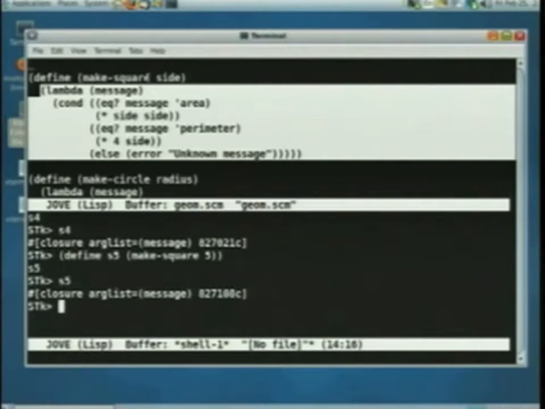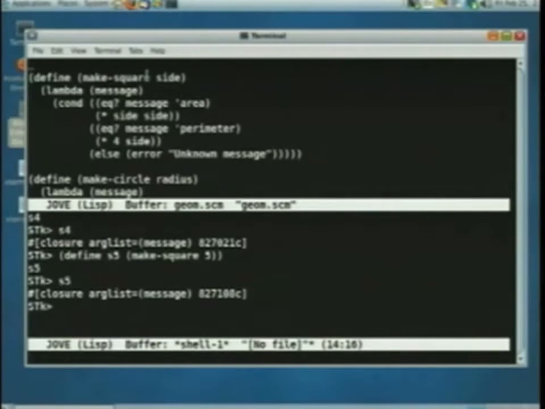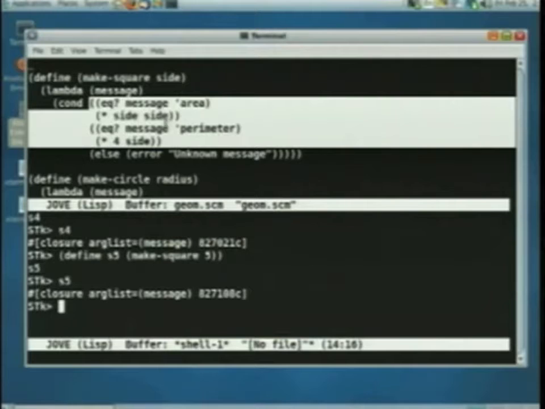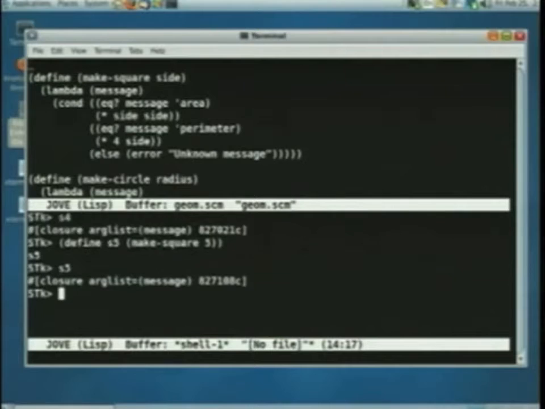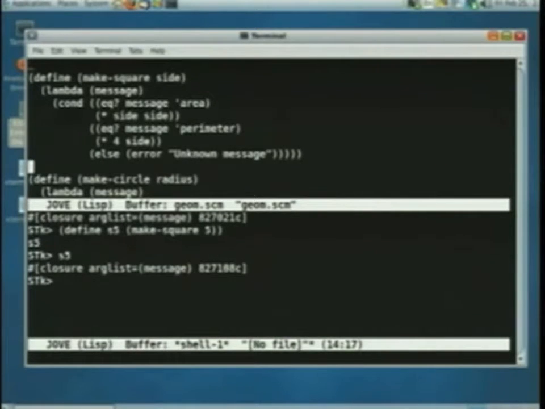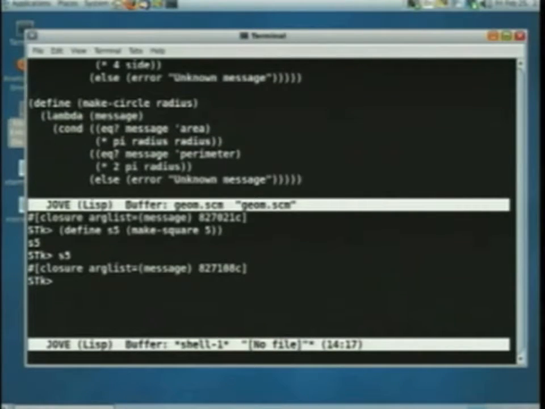We're representing a square as a procedure that takes a message as an argument, and then it says, if the message is area, and here's the formula for the area. If the message is perimeter, here's the formula for the perimeter. And similarly, make circle is the same thing.